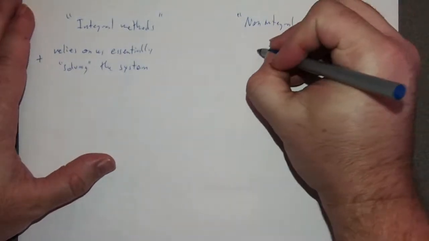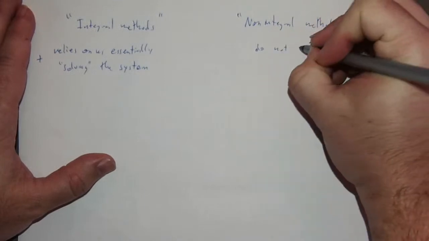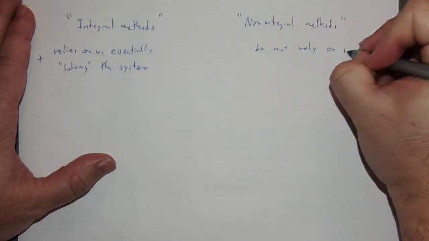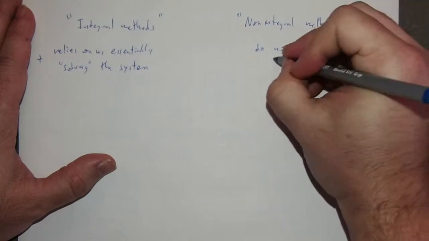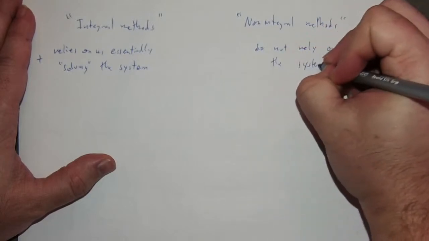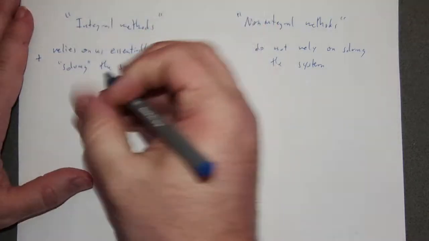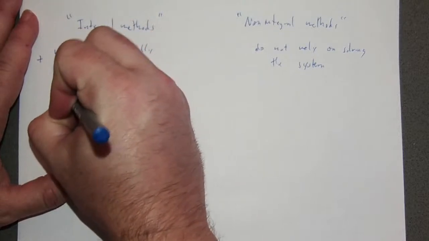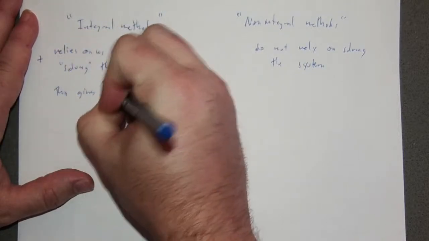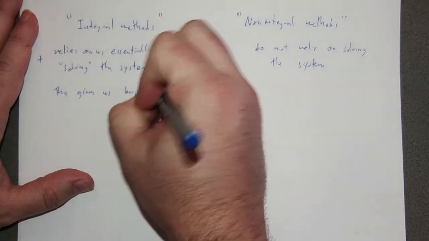So non-integral methods do not rely on solving. But the benefit of integral methods is that if we can solve the system in this way, it gives us basically all the info.